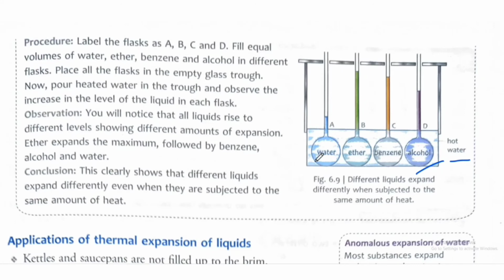But water, the rise in the level of water is the minimum, though all the liquids are subjected to the same amount of heat. So, in conclusion, it is clearly shown that different liquids expand differently even when they are subjected to the same amount of heat.